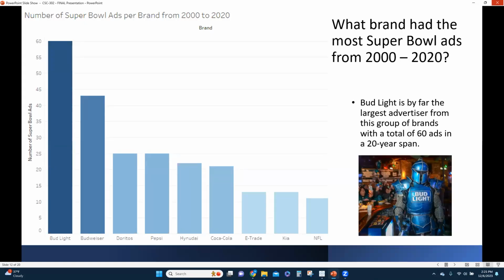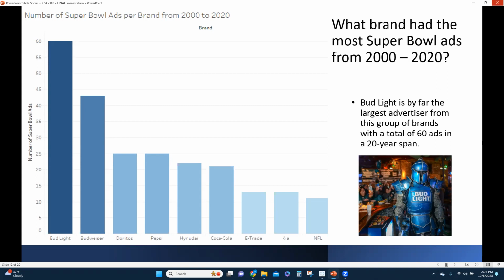So the first graph here: what brand had the most Super Bowl ads from 2000 to 2020? Now, Bud Light is by far the largest advertiser from this group of brands, with a total of 60 ads in a 20-year span. Now, keep in mind the brands that you see here, Bud Light, Budweiser, Doritos, Pepsi, Hyundai, Coca-Cola, E-Trade, Kia, and the NFL, are the only brands that were in this data set.